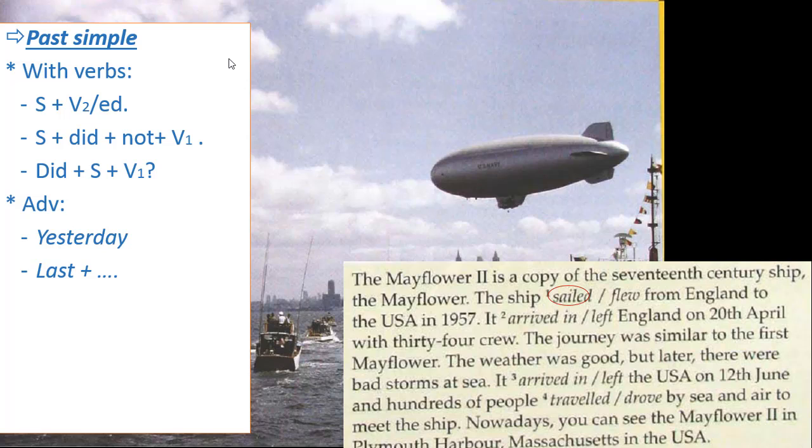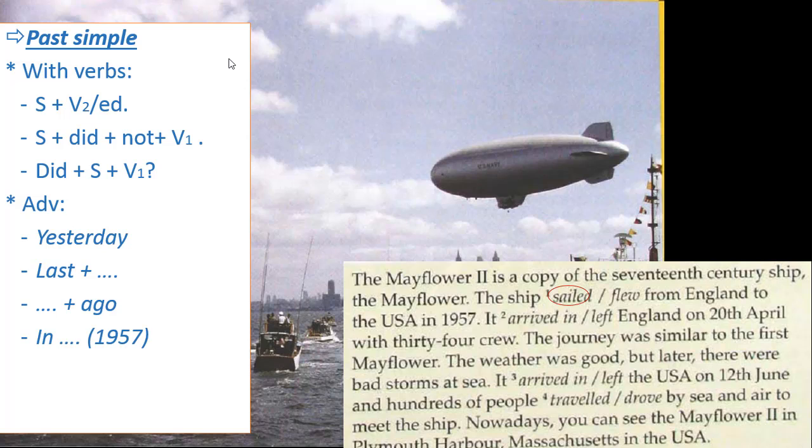Next one is the word ago. For example, 2 days ago, 2 weeks ago, or 3 years ago. And you can use in with a time in the past, for example, in 1957 or in 2000. So that is all about past simple tense.